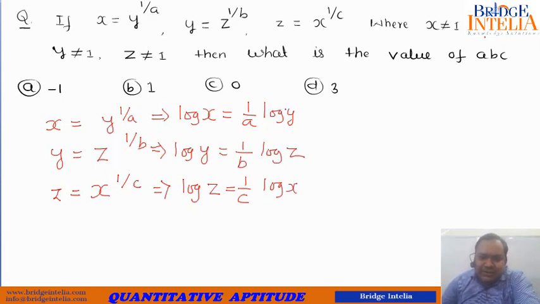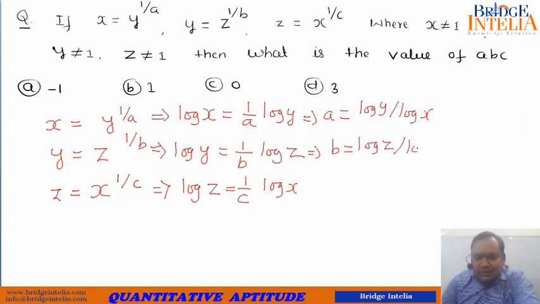So from here you can express a in terms of what? a can be written as log y upon log x. So b is equal to log z upon log y, and c is equal to log x upon log z.